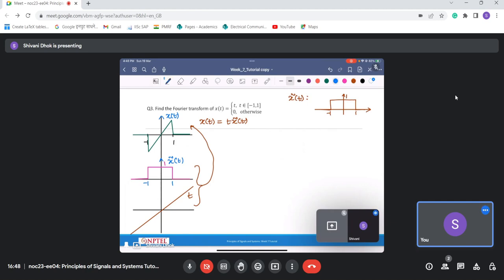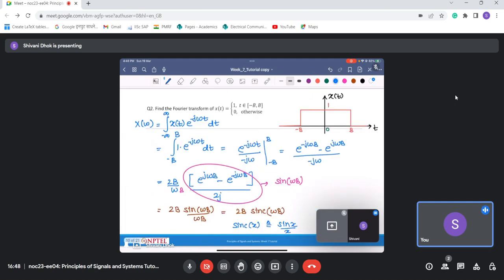In the previous question, we saw that this signal has a Fourier transform of 2b sinc(ωb), that is 2b sin(ωb) upon ωb, where now we have b equal to 1.